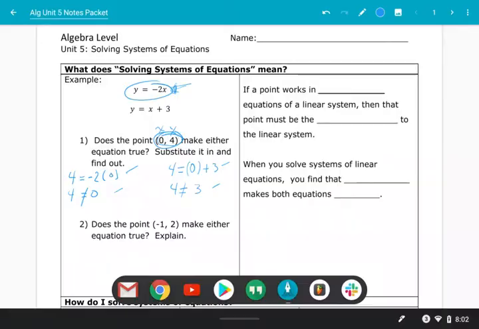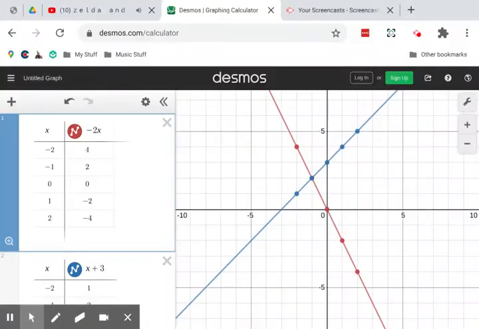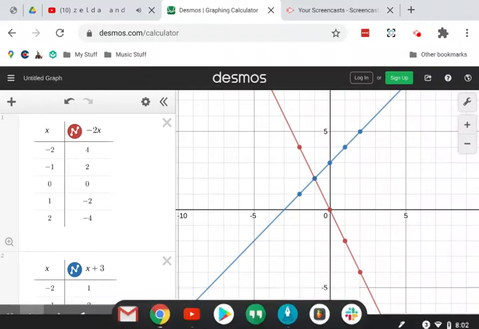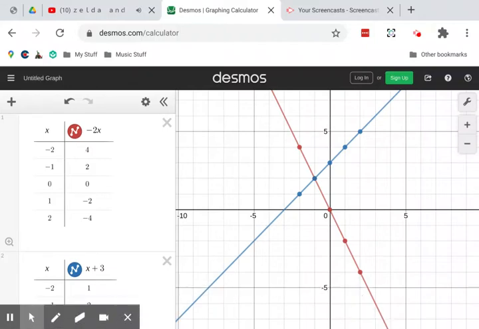And we can go back to our graphing calculator. Is 0, 4 on that line? No, it's not. It's not here, it's not there, it's not any of these. 0, 4 would be 1, 2, 3, up here someplace. Anyway, it would be just there above the blue line on the y-axis. So that's not what I want.